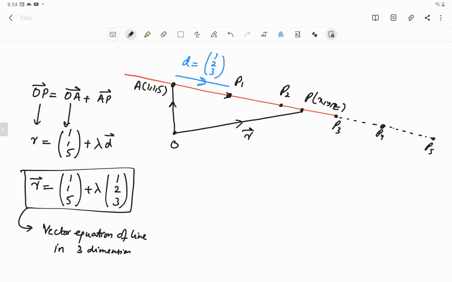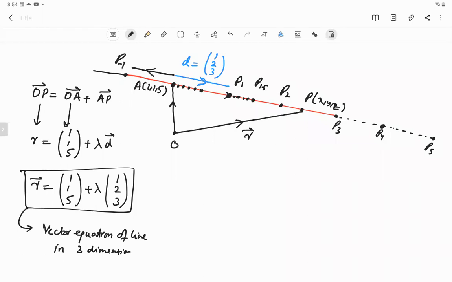When lambda is 1.5, P is at a position which I am showing by P1.5. And then 1.4, 1.3, 1.2, 1.1, 0.5, 0.4, 0.3, 0.2, 0.1, 0, -1. -1 will be somewhere exactly equal and opposite to this direction vector, and I represent it by P-1.